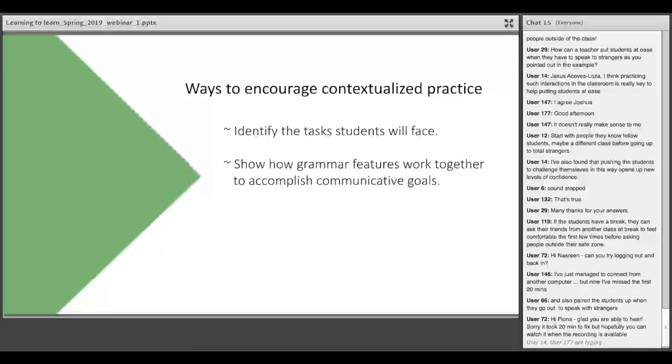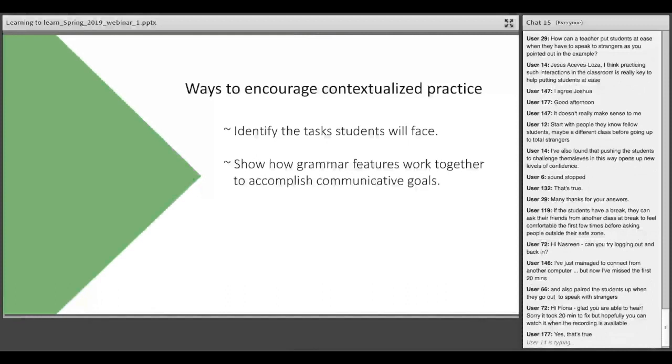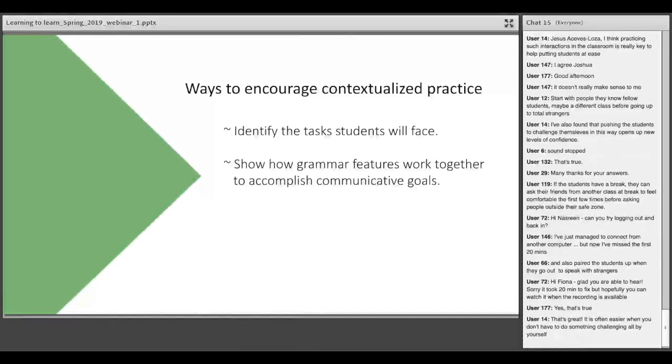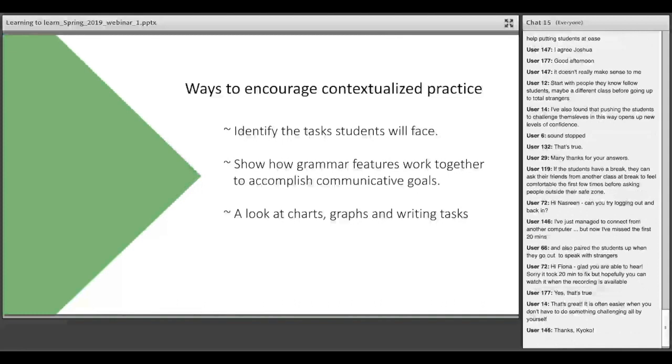So we're going to look at how grammar features work together to accomplish communicative goals. Again, this is emphasizing contextualized practice as the focus is on communicative goals. And then we're going to look at some charts, graphs, and writing tasks. And I think that as we look at charts and graphs, many of us have been educated in an English language environment or as an English major.